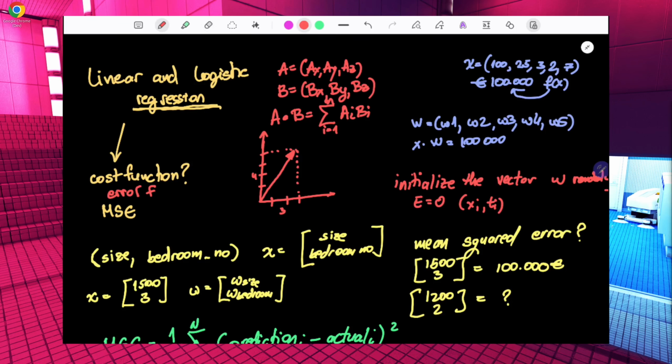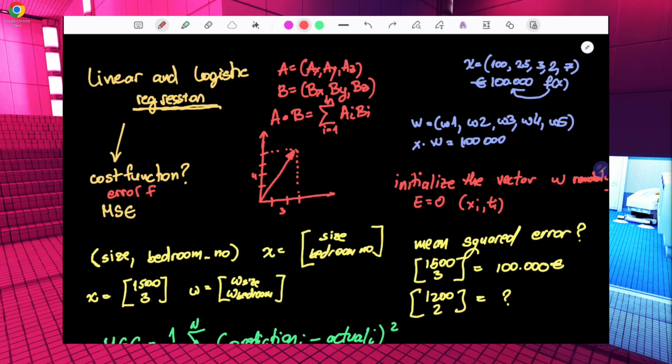We have something called a cost function. This is the thing that I circled right now. So the cost function is the function of the error, and we try to minimize it by finding properties or weights or parameters for the function over the input data that best approximate the target values.